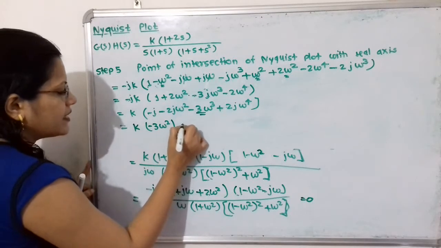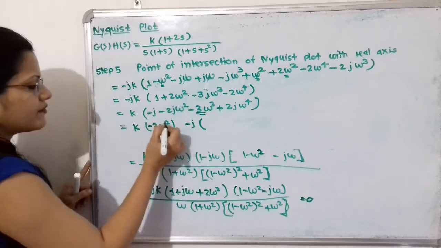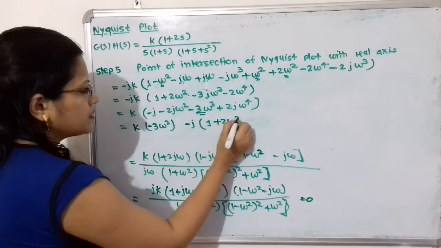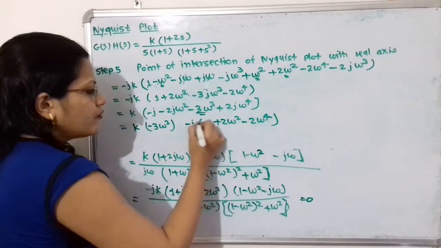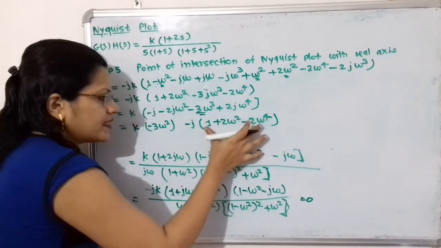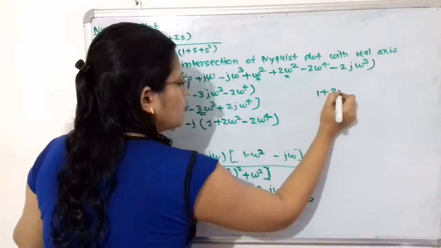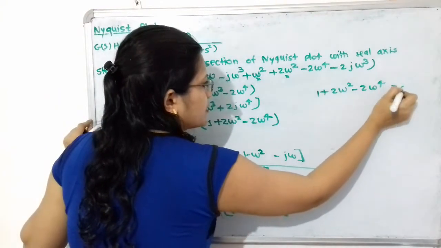Now if I take here minus j as common, then it will become 1 plus 2 omega square minus 2 omega raised to 4. So I have to take this imaginary part equal to 0. So 1 plus 2 omega square minus 2 omega raised to 4 is equal to 0.